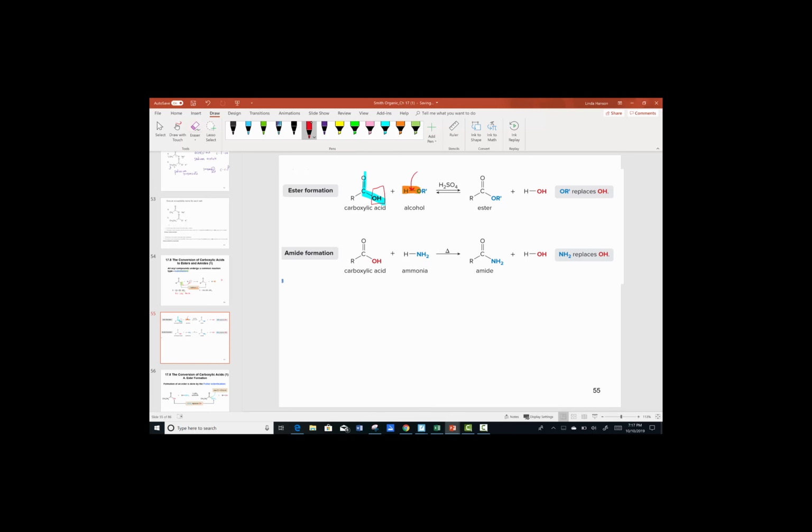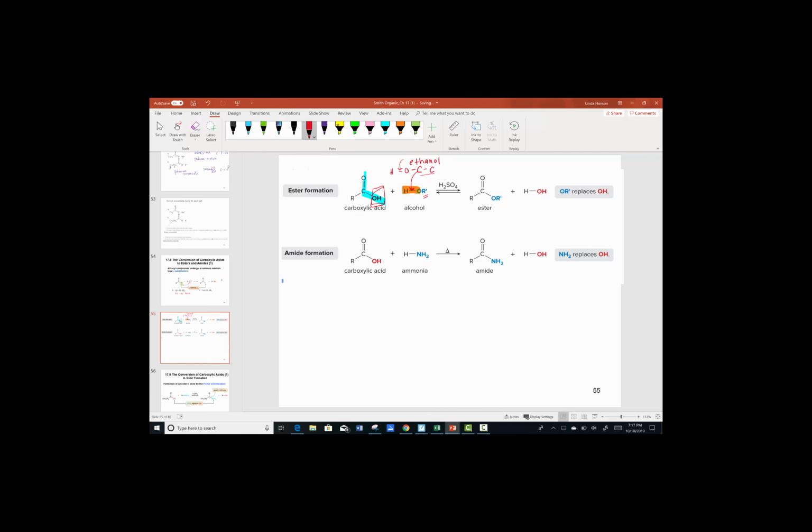So for instance, let's say that this is ethanol. Just to put in an example, if that is ethanol, now we can see this R group is representing those two carbons. But where the bond will break is right here between the oxygen and the hydrogen.